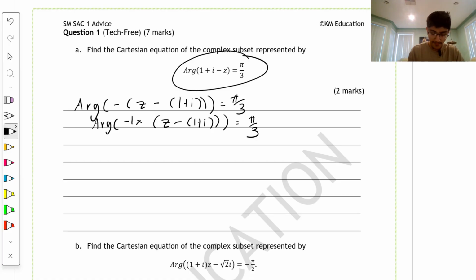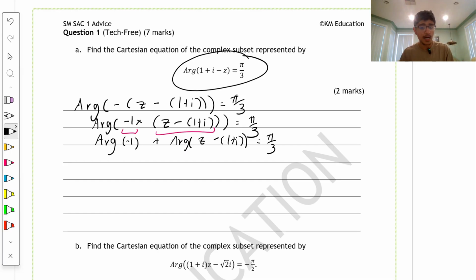If we're multiplying two complex numbers, in this case -1 and z - 1 + i, the argument of this is just the argument of -1 plus the argument of z - 1 + i. So we can split up the inside of this argument, and I get arg(-1) + arg(z - 1 + i) = pi on 3.